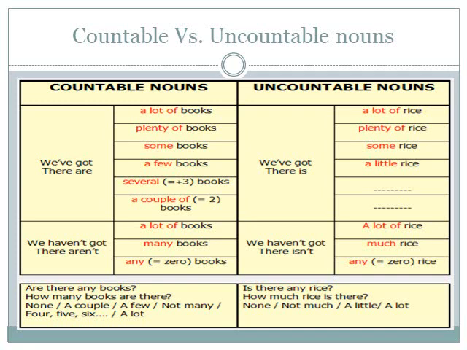For example, a lot of books, a lot of rice. Similarly, plenty of books, plenty of rice. Some books, some rice. Now, when you use a few with countable nouns, a few books, I cannot say a few rice. So, for uncountable nouns, you use a little rice.